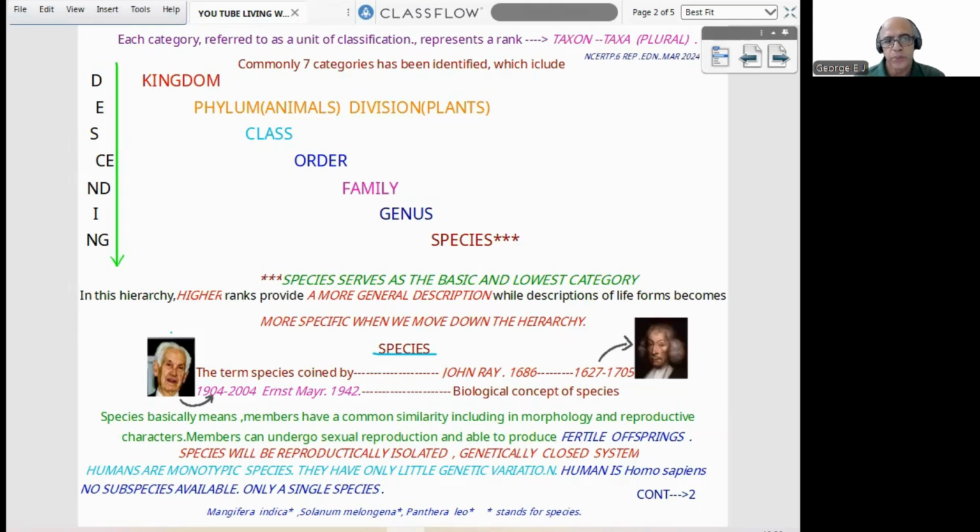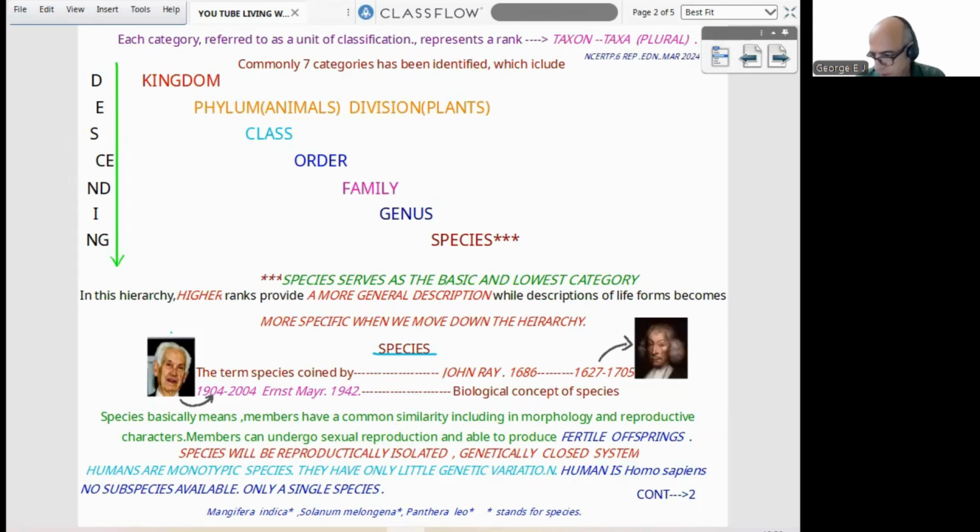Humans are supposed to be a monotypic species, and among humans genetic variation is very less. Humans are scientifically called Homo sapiens, with no subspecies available, only a single species in modern man, often called a monotypic species.